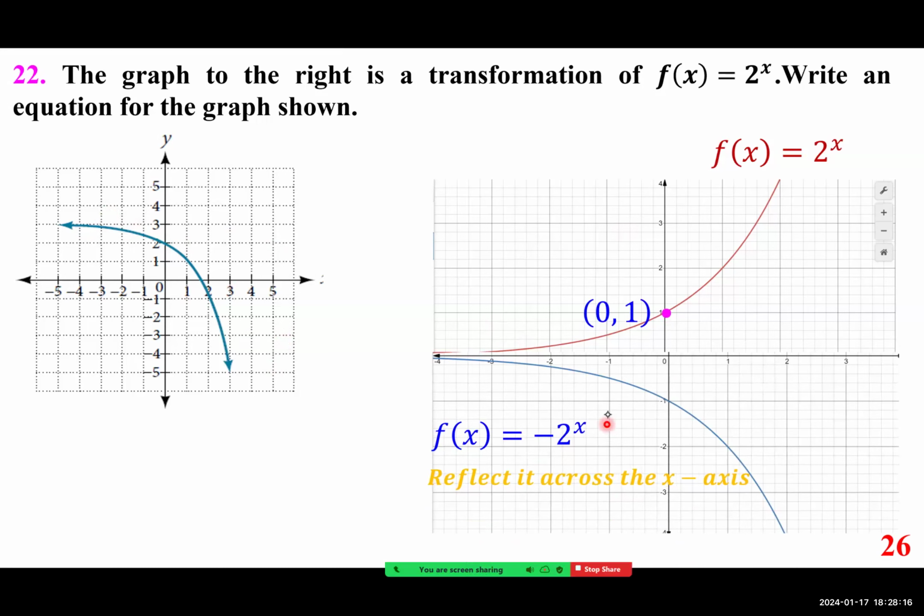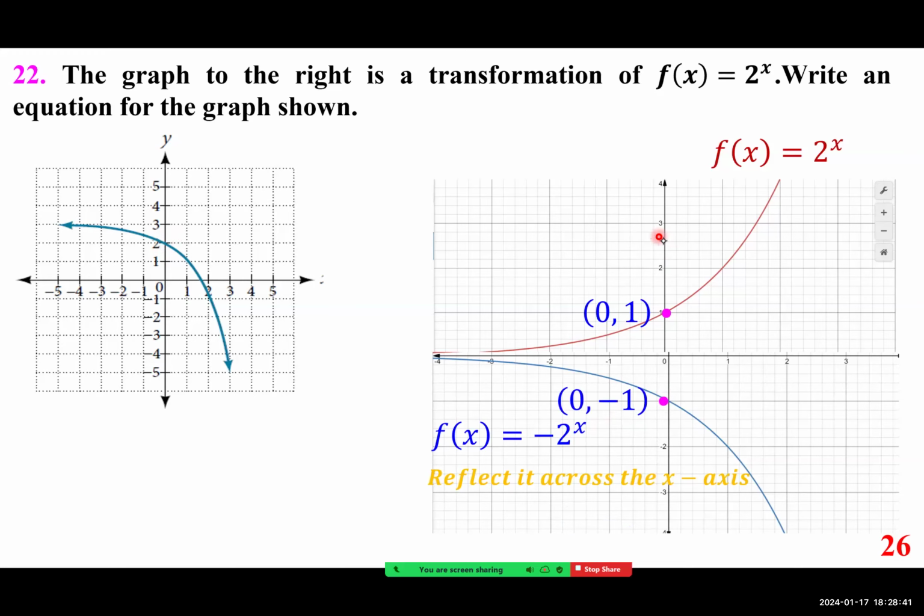So minus 2 to the power of x. So what is this location now? 0, negative 1. But we want to take it to 0, comma 2. This has coordinates 0, comma 2. So we want to take this up to 0, comma 2.